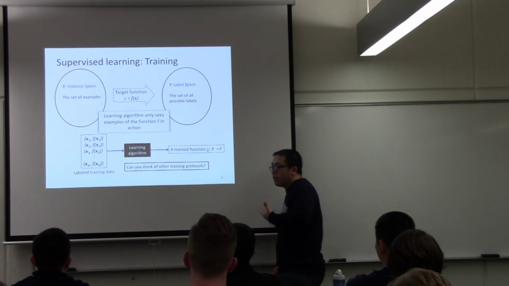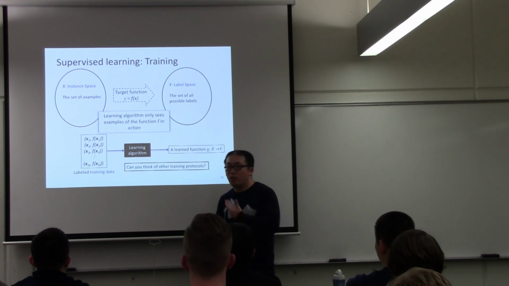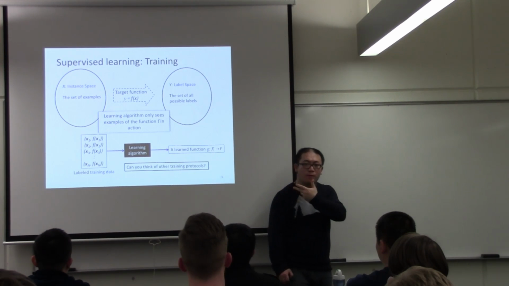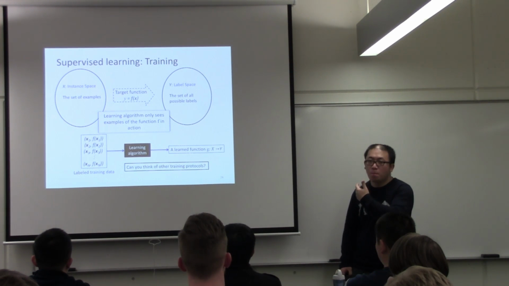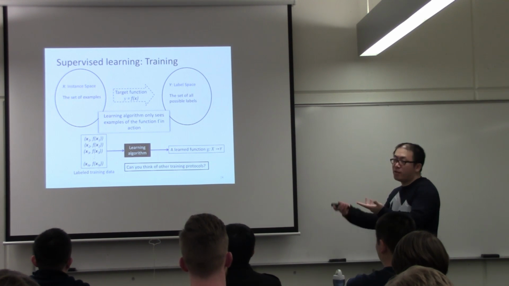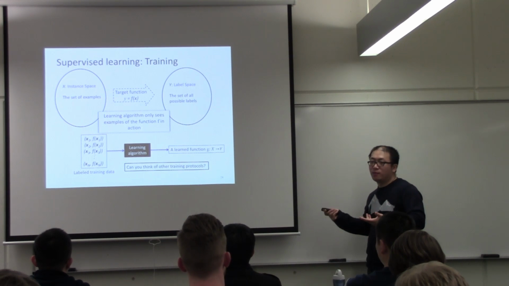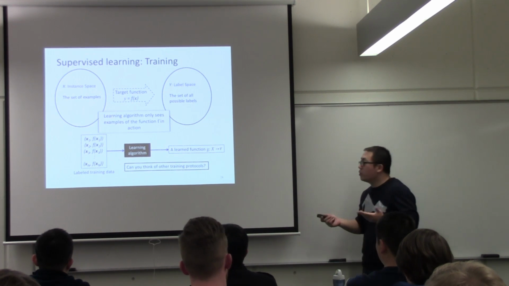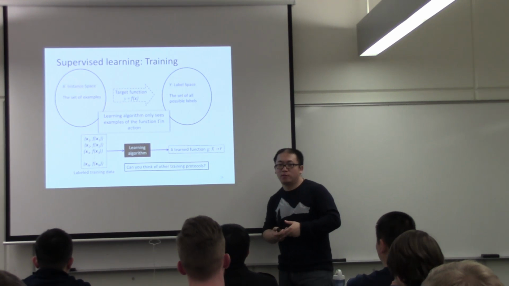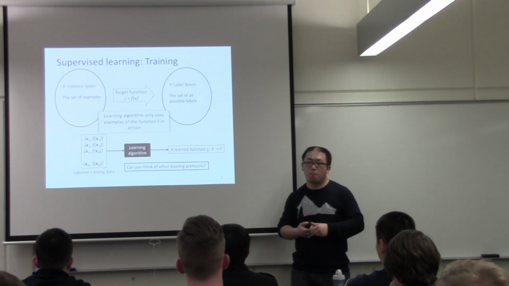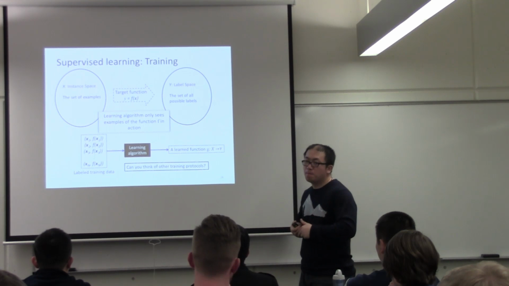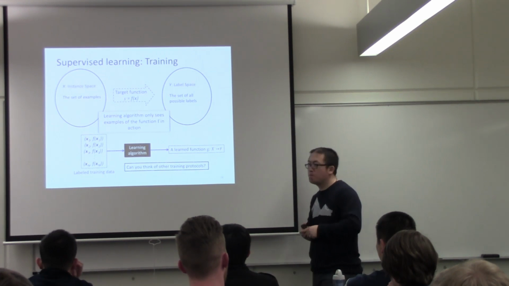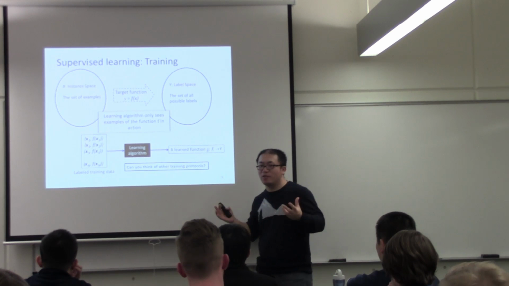So can you think of other training protocols or learning protocols other than this? Other than supervised learning? Yeah. Unsupervised. Yeah, you can. So what do you think of the protocol for unsupervised learning? You try and see, in your instances, which ones are similar to each other, so you can use some kind of clustering. Well, you are talking about details of the learning algorithm.